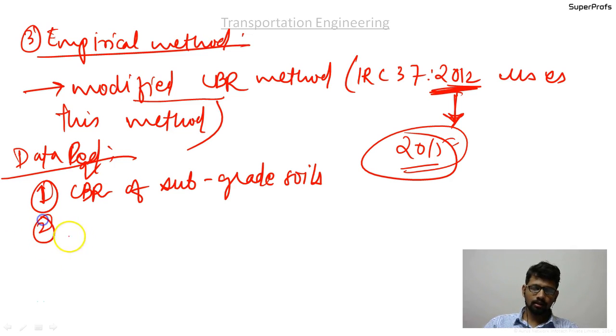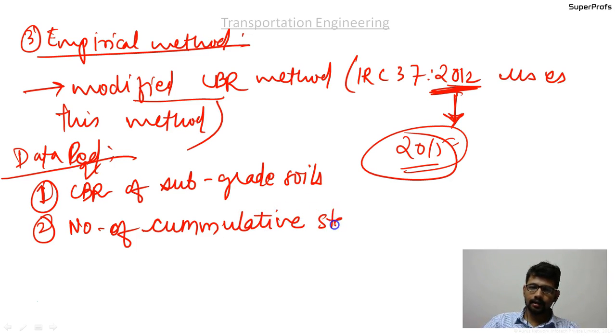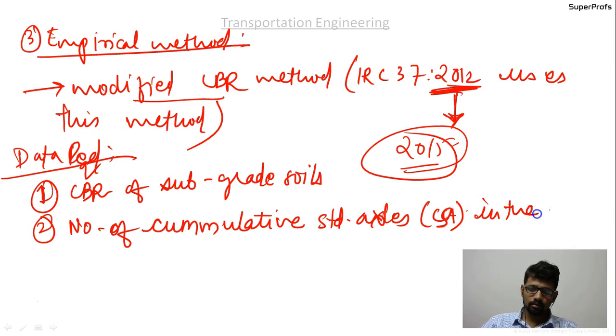Secondly, what you need is the number of cumulative standard axles, that is CSA, in the design life of the road.